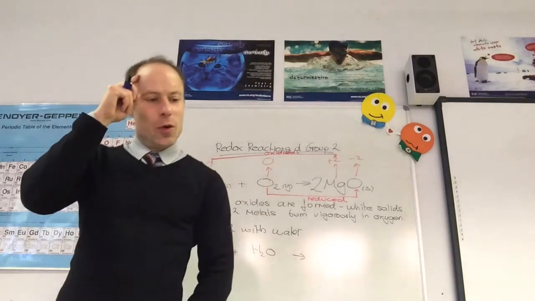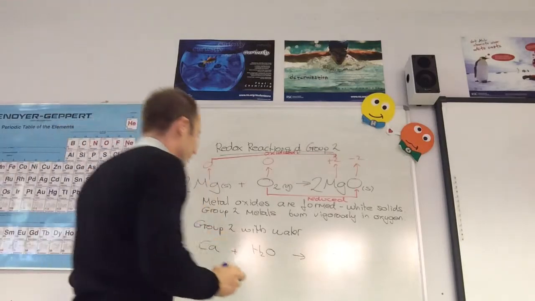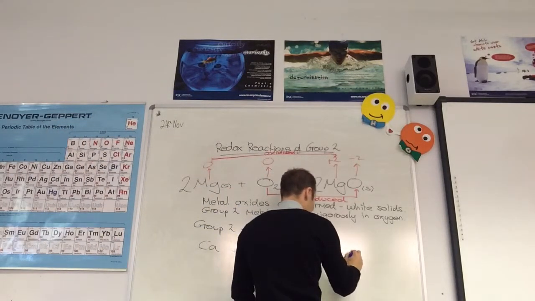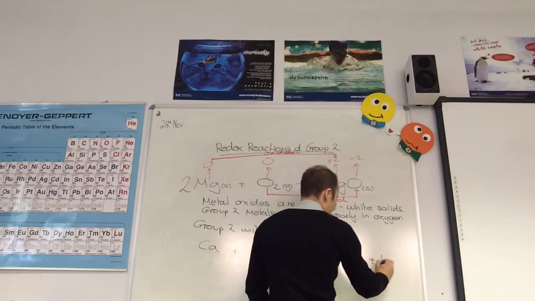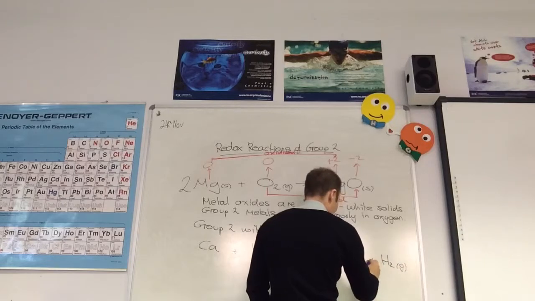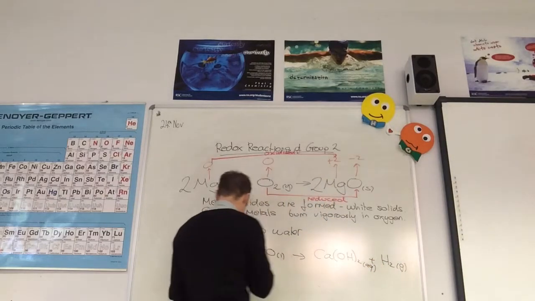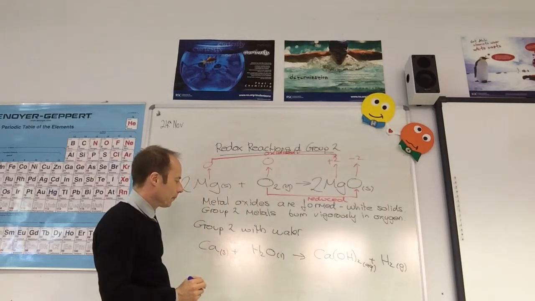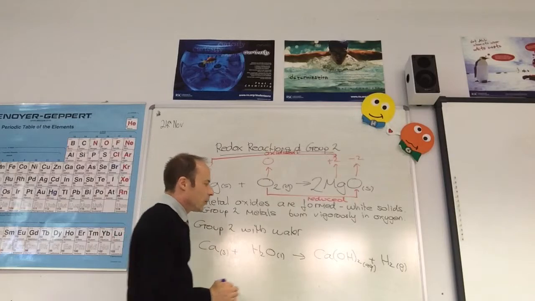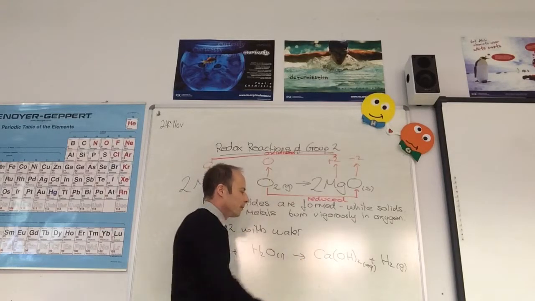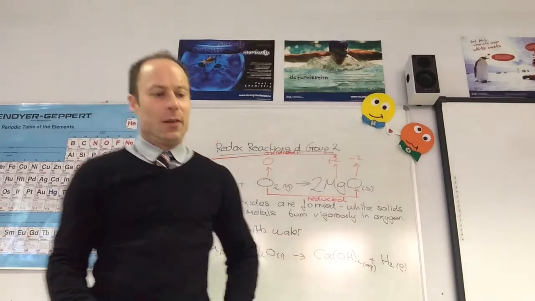And we're going to form calcium hydroxide and hydrogen gas. So we form calcium hydroxide solution, because I've got lots of water there. I've got a bit of calcium in there.